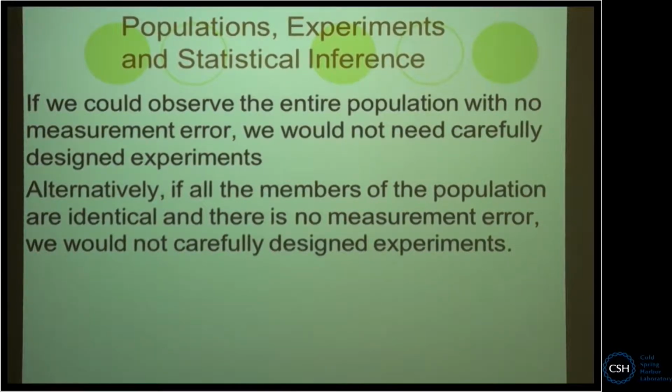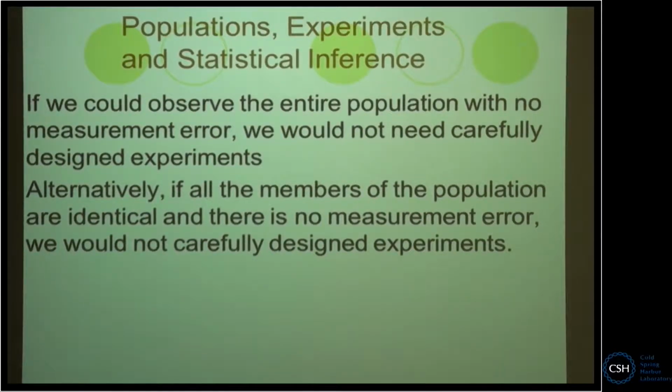Now, the point of the statistical analysis and the statistical viewpoint of doing experiments is that when we do an experiment, we haven't measured everyone, and we haven't measured everything, and we haven't necessarily measured without error. Okay? If we measured everyone and there was no error, we would never have to replicate.